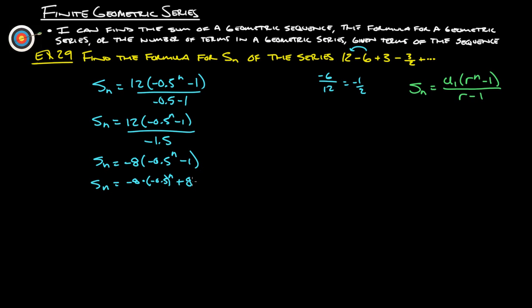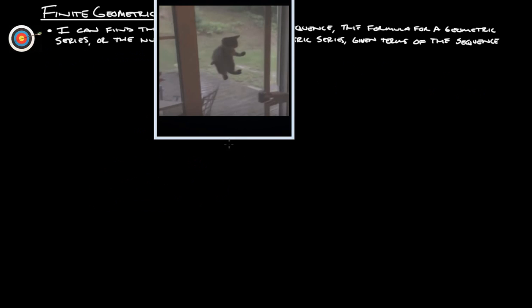Honestly, I think this is probably a little bit better, but either one would work. And that's our formula. Then all we'd have to do is get our n, plug it in, and calculate, and that would tell us the sum of that entire series.